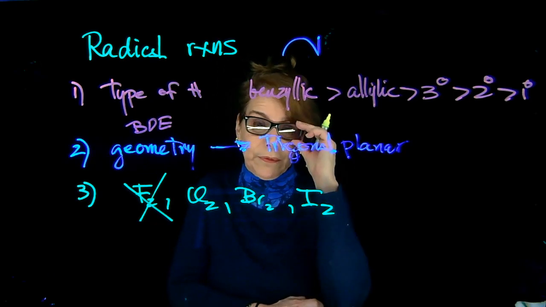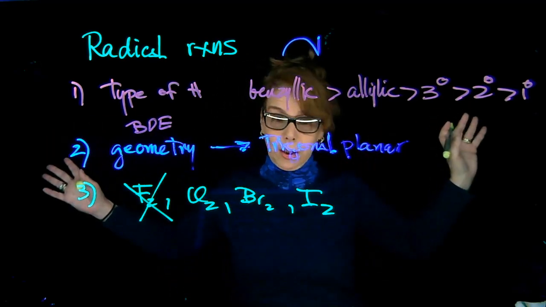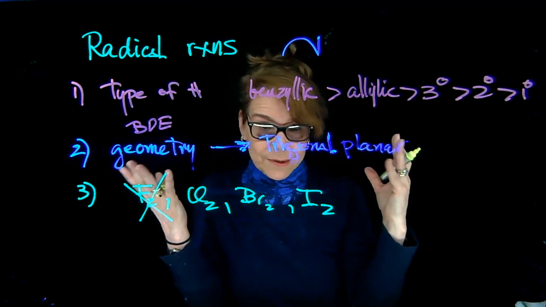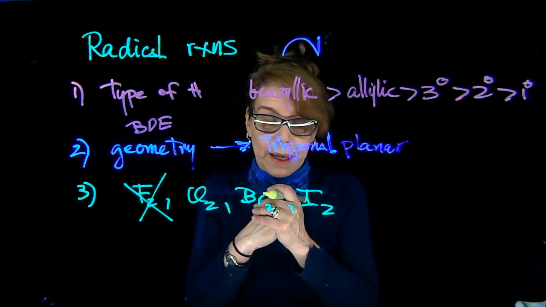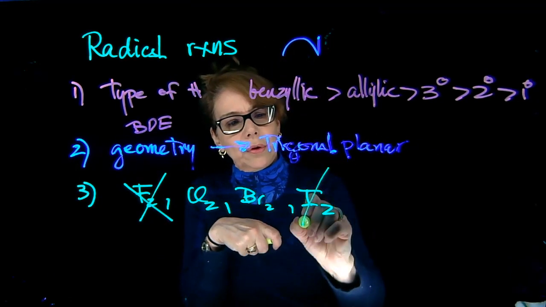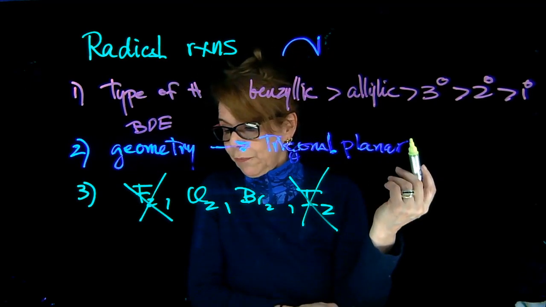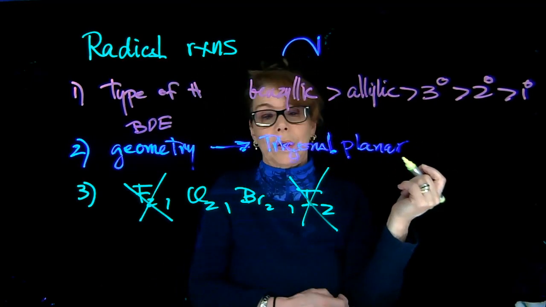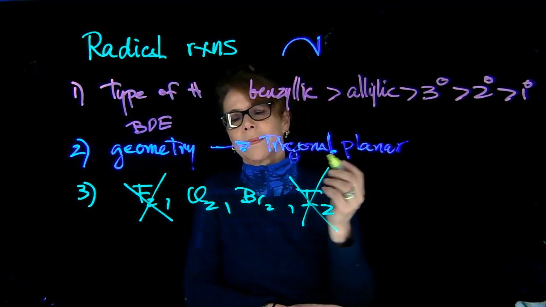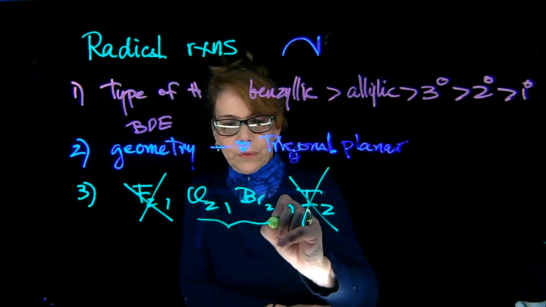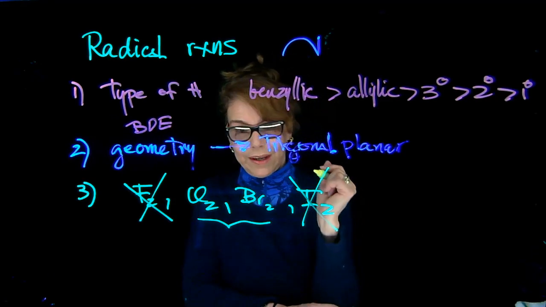Reactions are explosive, and also you get just a ton of different products. It's very difficult to manage that experimentally. We don't use iodine either because it's not reactive and it's not favorable thermodynamically speaking. So the two reactions that we use the most are chlorination and bromination.